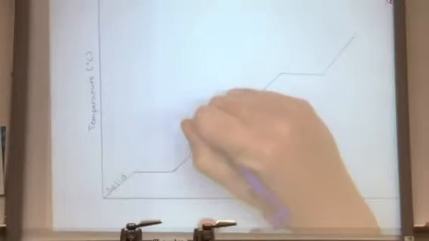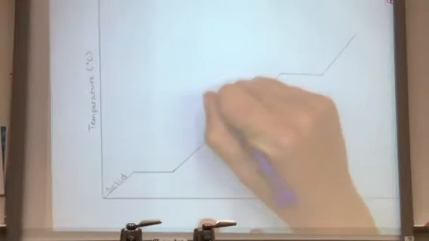What state of matter do you guys know is present at low temperatures? Solids. So this is where we're going to label our solid material. So for water, this is where you have ice. This second plateau, you have a little bit warmer water. So what state of matter is here? This is where you have your liquid. And then at this high temperature up here, what state of matter are you going to have? This is where you have gases.